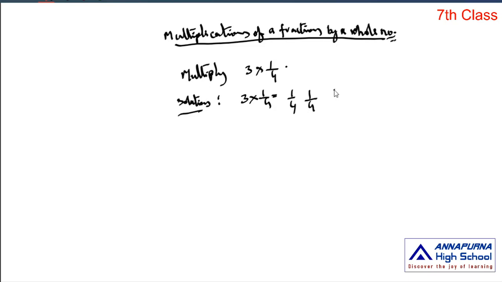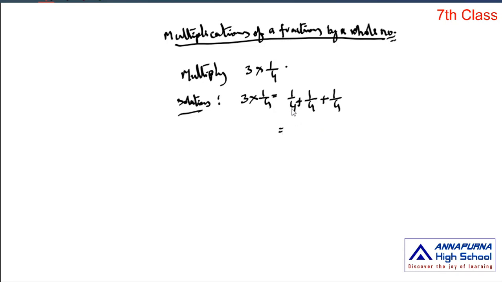As we know, multiplication means repeated addition. 3 times 1 by 4 means if you add 1 by 4 three times, 1 by 4 plus 1 by 4 plus 1 by 4, how much will you get?